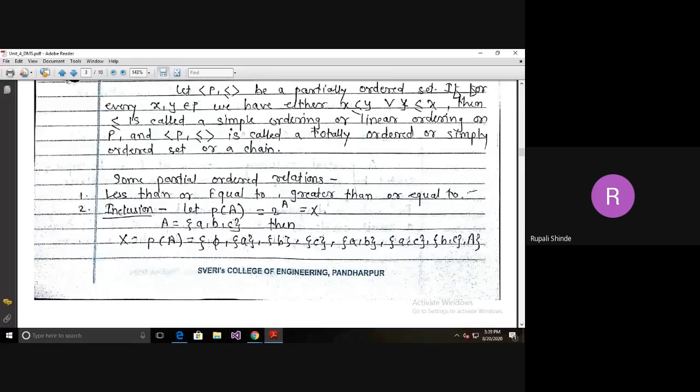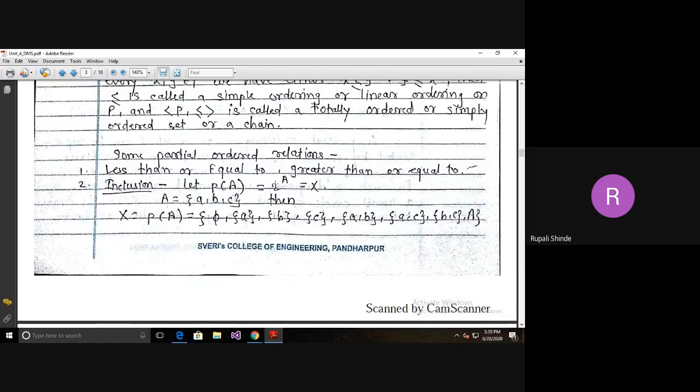So if your set A consists of 3 elements, then the power set of A will contain a total of 8 elements, because the formula is 2 raised to n, and here the value for n is 3. So it will give you 8 elements. Likewise you can apply any relation as a partially ordered relation.